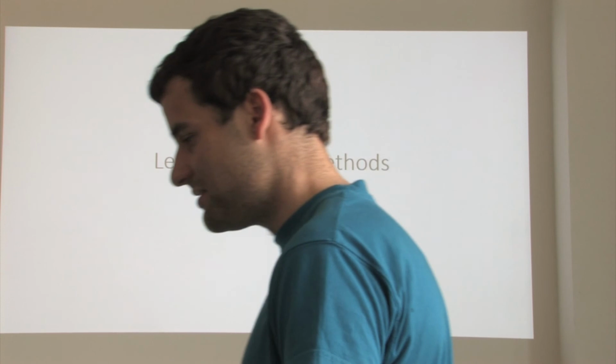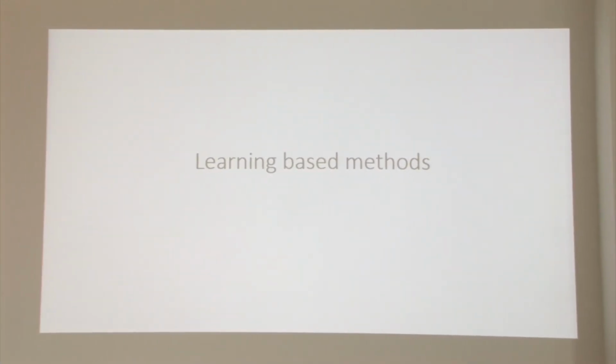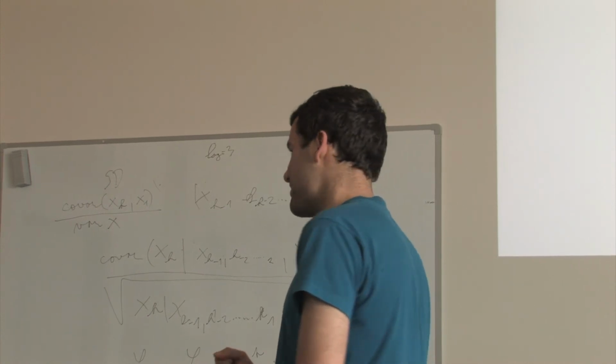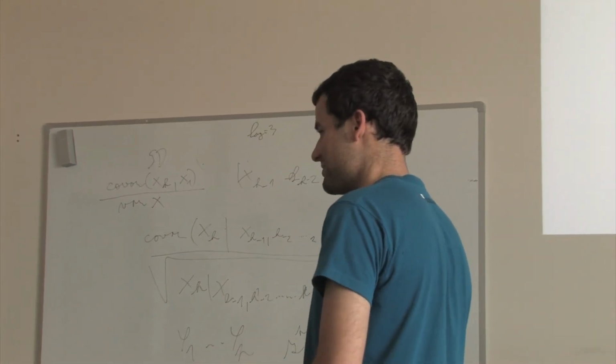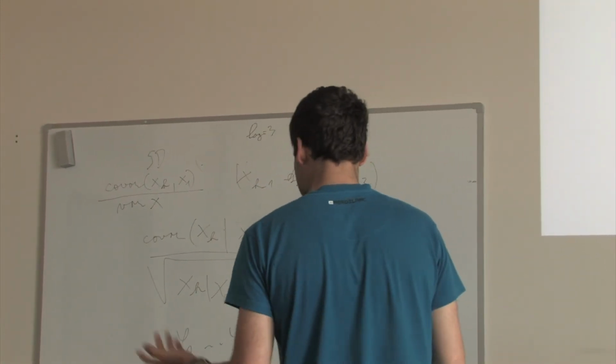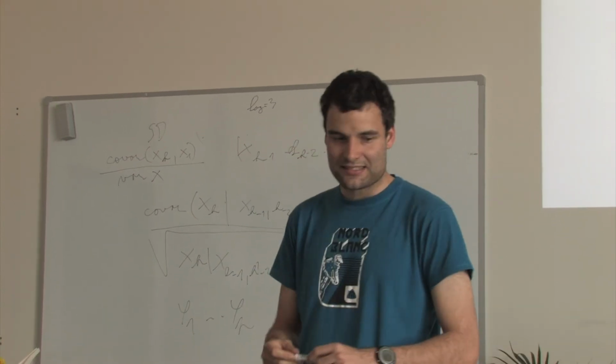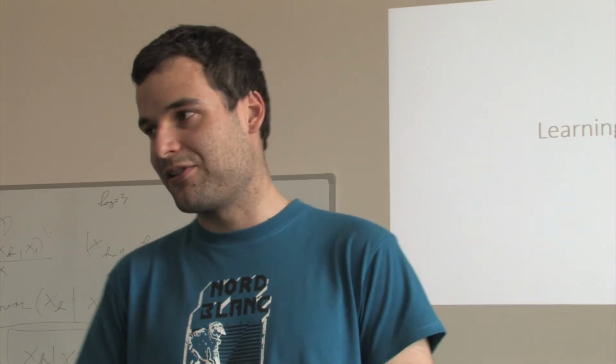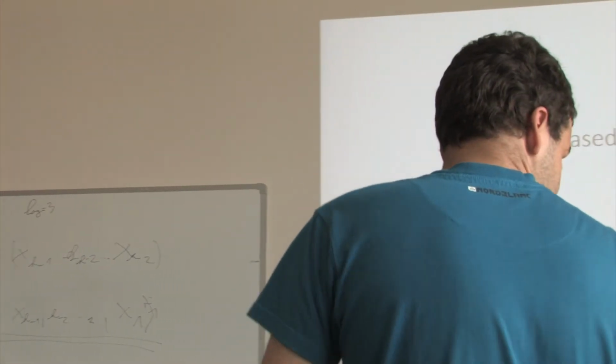And the third, the last class of methods is learning based. Again, there are so many approaches you can use, like genetic algorithms, and I have focused on hidden Markov models here.